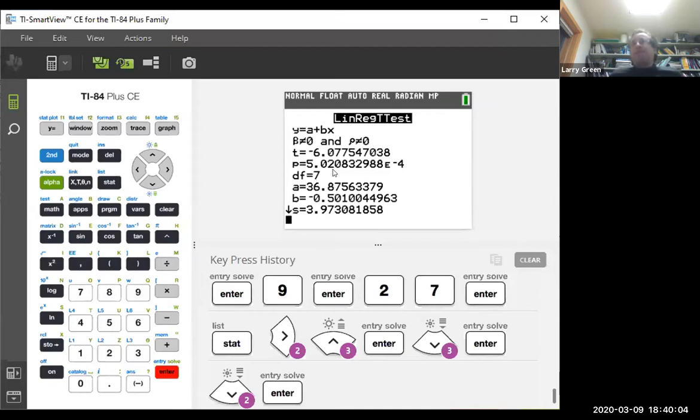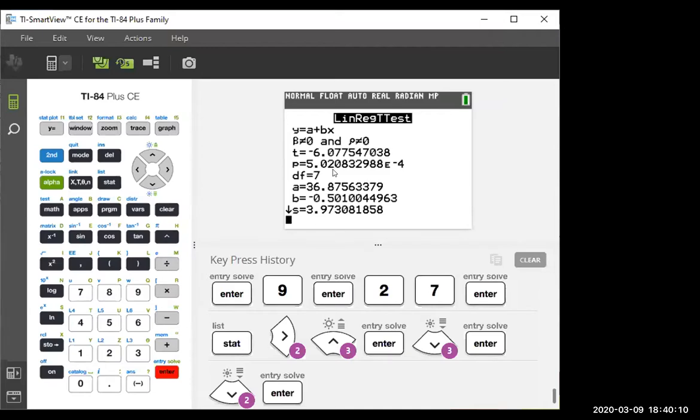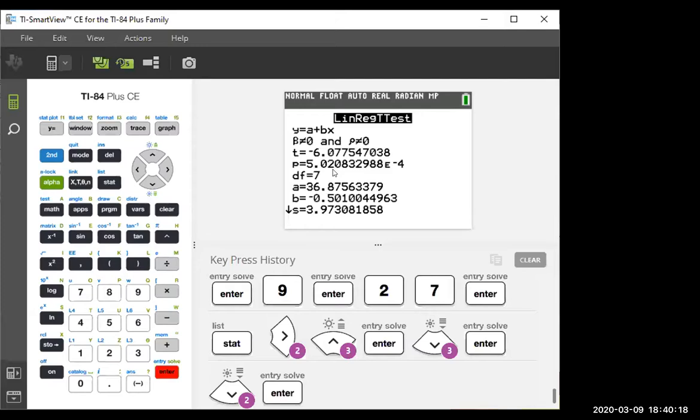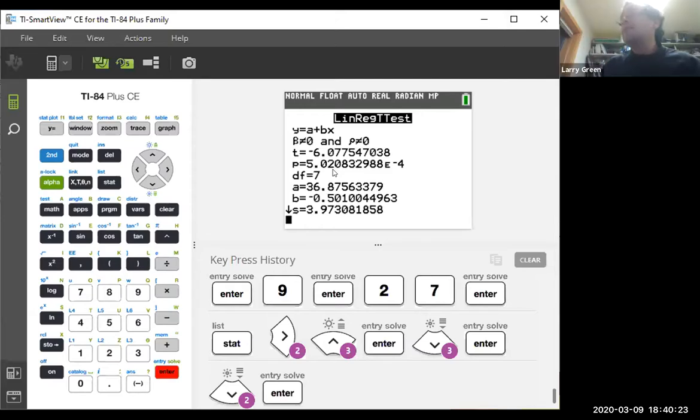Is the p-value 5.02? No, it can never be bigger than 1. What is the p-value? 0.0005 about.